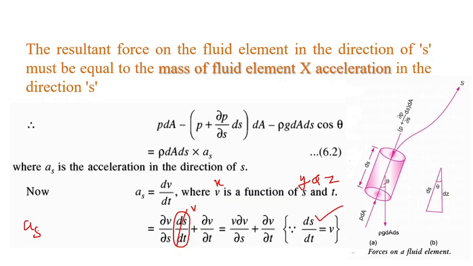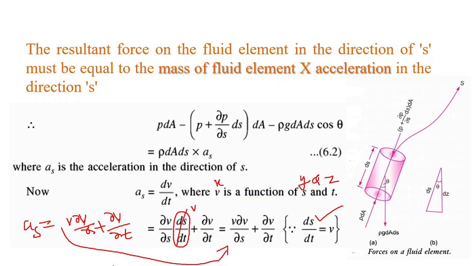So acceleration is equal to v into dou v by dou s plus dou v by dou t.